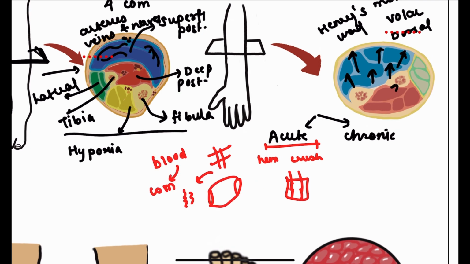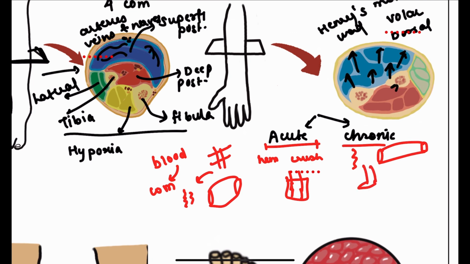In acute compartment syndrome, there is rapid progression of signs and symptoms. Now chronic can be due to repetitive use of your muscles. There is exertion because of vigorous exercise, and chronic compartment syndrome commonly affects the leg.